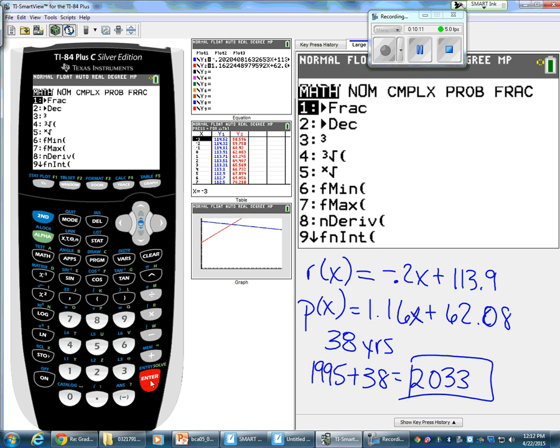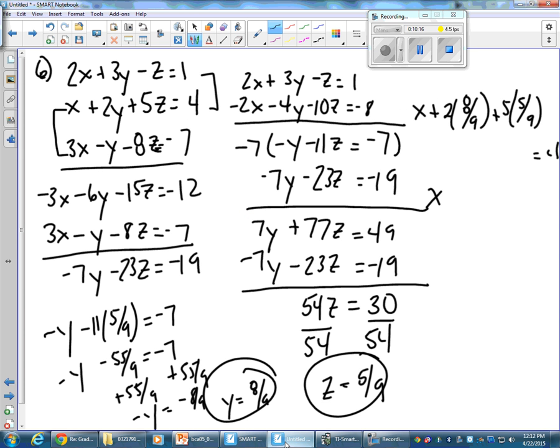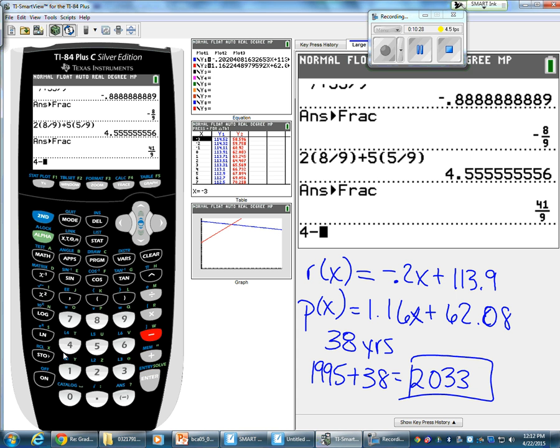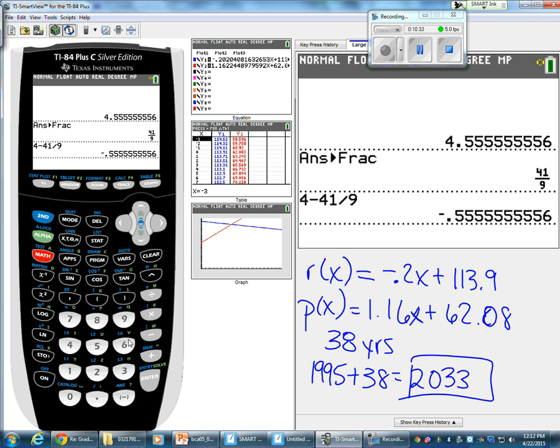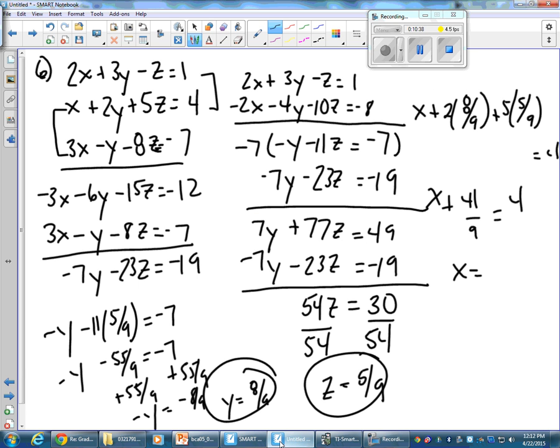So that is 41 ninths. So x plus 41 ninths equals 4. Subtract 41 ninths from 4. So 4 minus 41 ninths, and then change it to a fraction, is negative 5 ninths. So x is negative 5 ninths, y is 8 ninths, and z is 5 ninths.